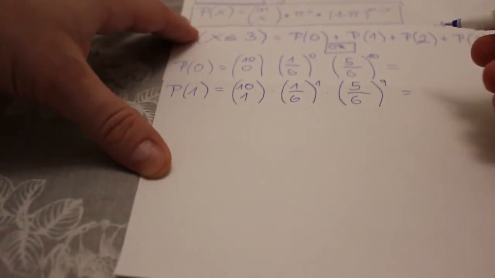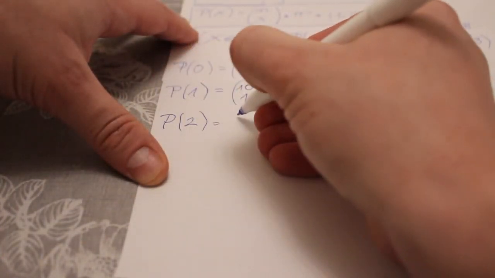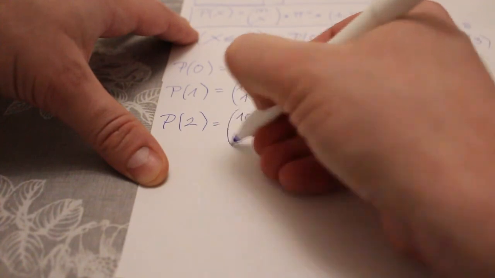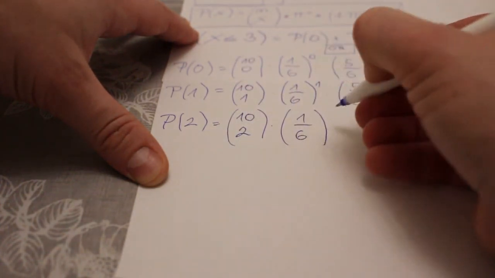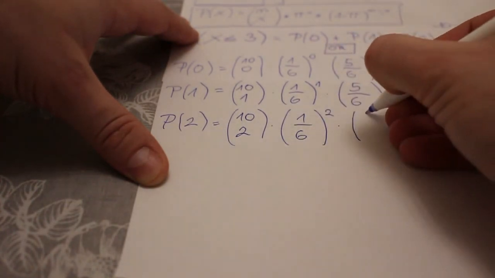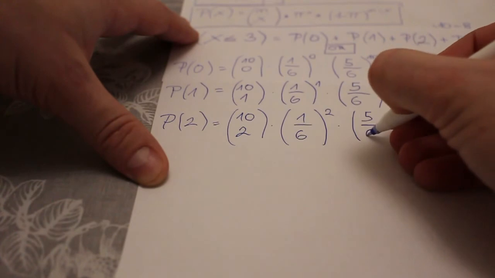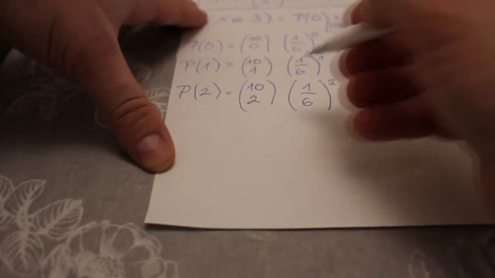And you can continue. The probability of 2 is equal to 10 above 2 times 1 divided by 6 powered by 2 times 5 divided by 6 powered by 8. And you can continue.